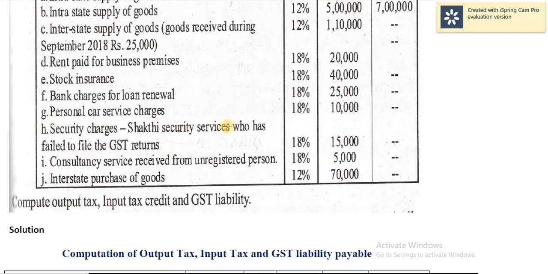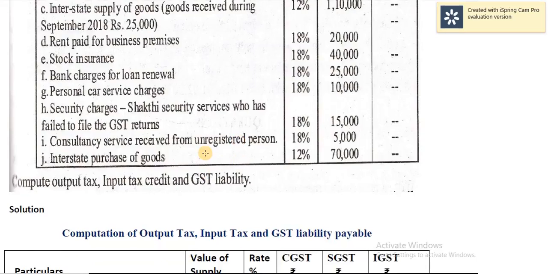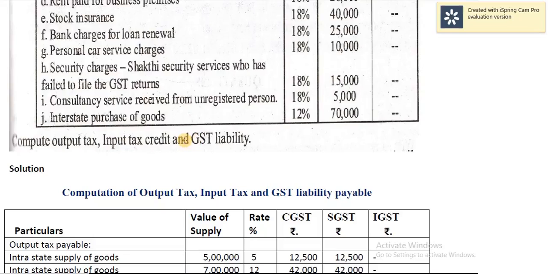Here, Shakti Security Services have not filed the GST returns, and therefore the dealer is not going to get input tax credit. Consultancy service received from an unregistered person is like reverse charge, but that is exempt here, and therefore that is not to be considered while calculating input tax credit.